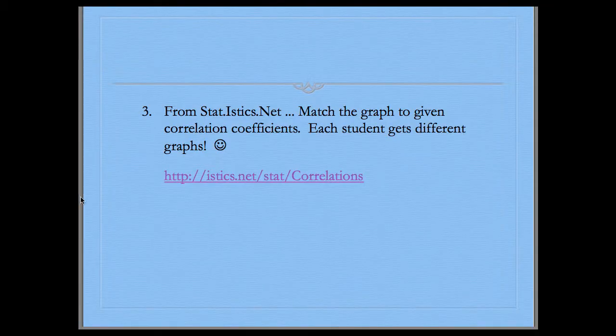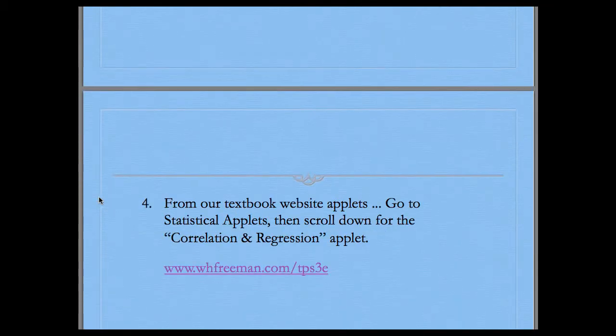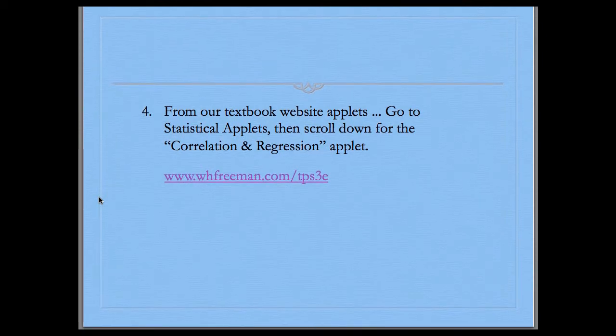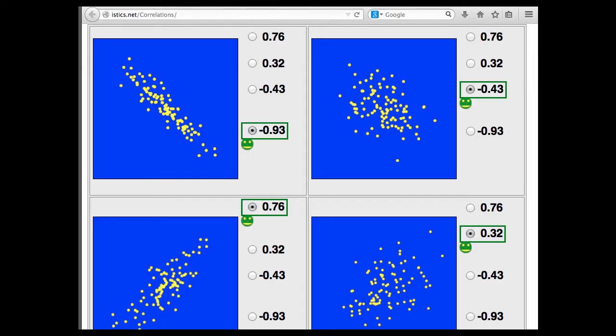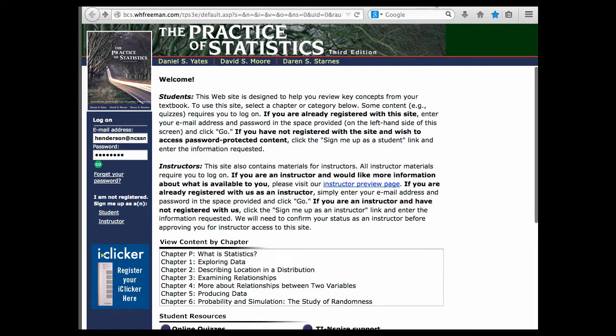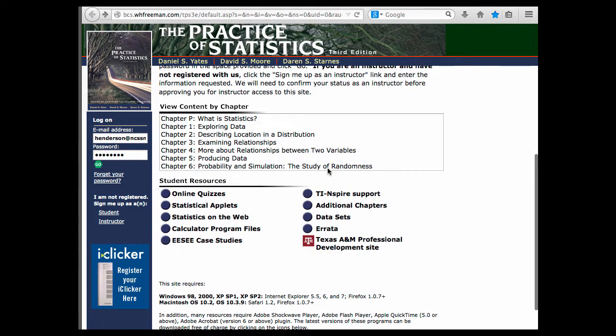And that brings us to the final applet that I'm going to share with you. This is one from the textbook we use, The Practice of Statistics, 3rd edition. If you go to the textbook website, you'll want to choose Statistical Applets under Student Resources.